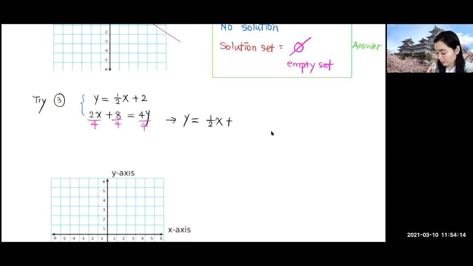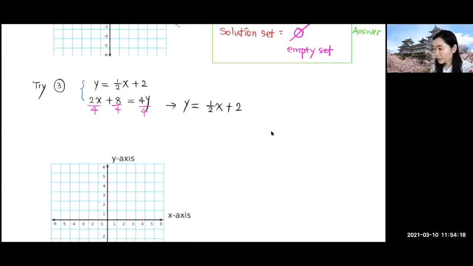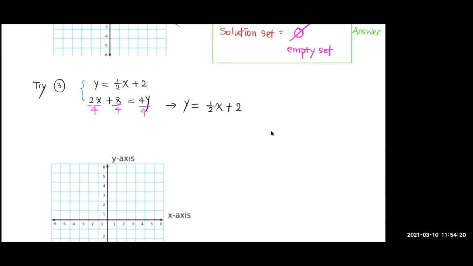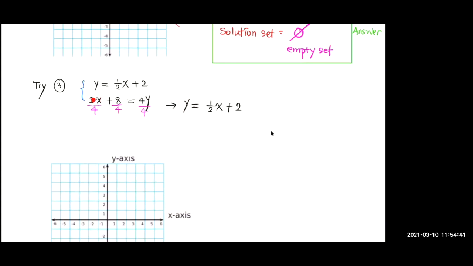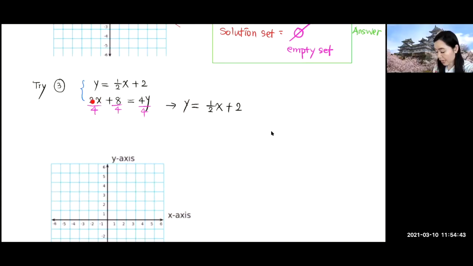Is it not a minus 1 over 2x? No. Because what happened over here? You divide both sides by 4, so 4y divided by 4 is y. And then 2 over 4 over here is 1/2. So there's no minus sign over here.